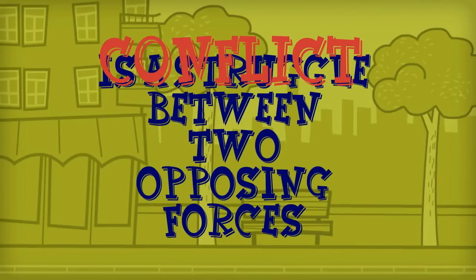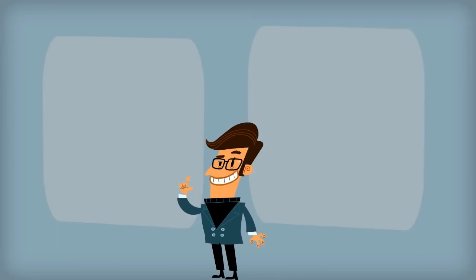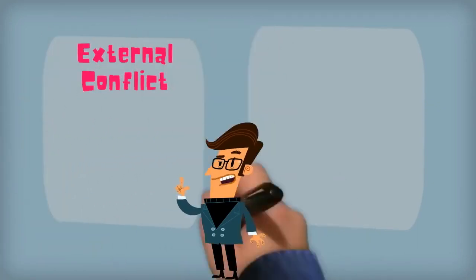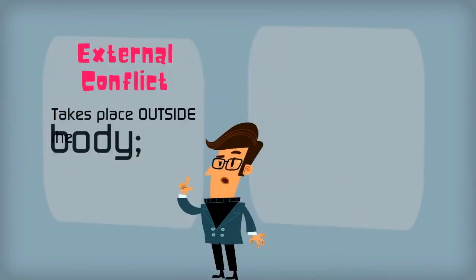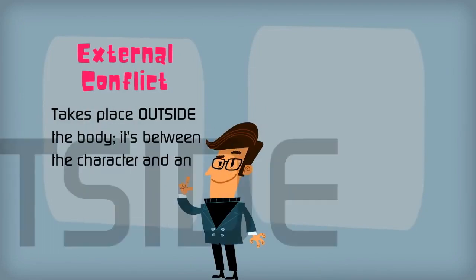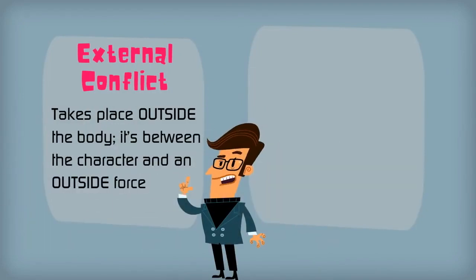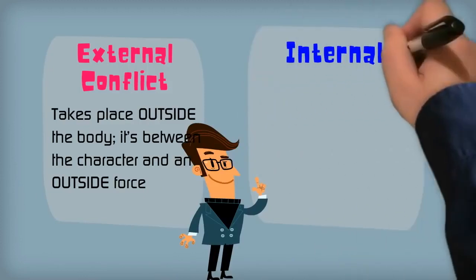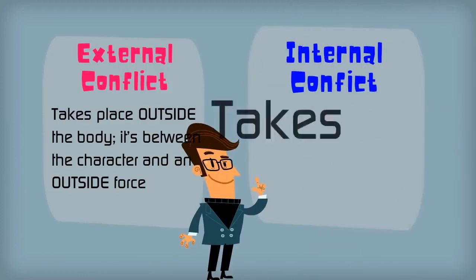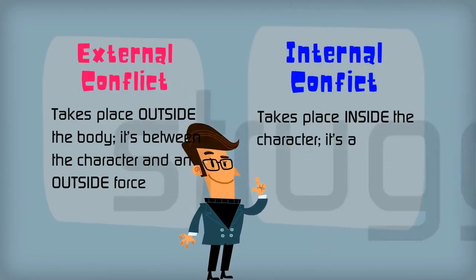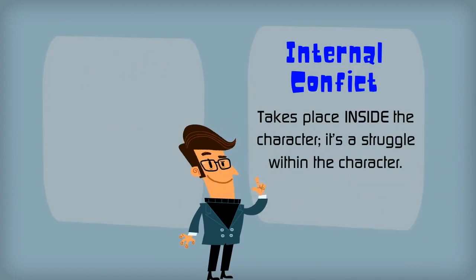Now, we have two different types of conflict. We have external conflict, and that's the conflict that happens outside of ourselves. It's between a main character and an outside force. There's also internal conflict when a character is struggling with something inside of themselves. It could be anxiety or some sort of internal fear.